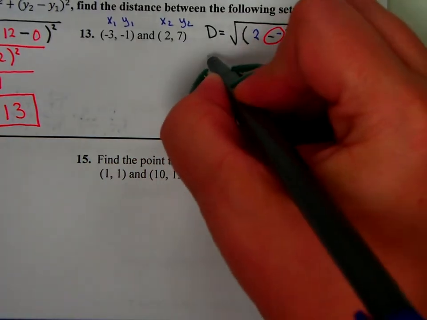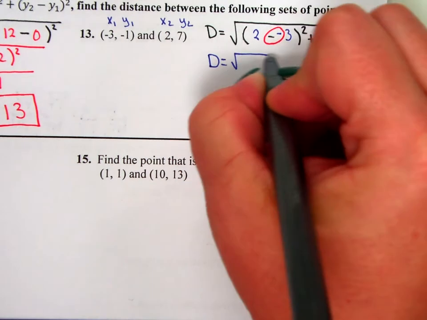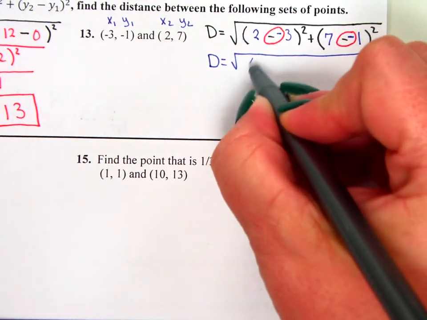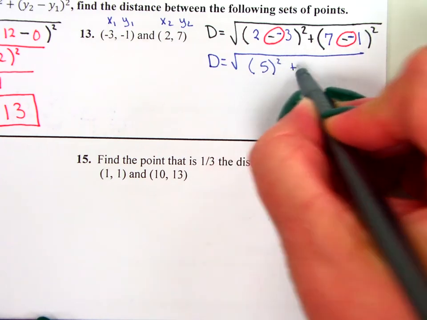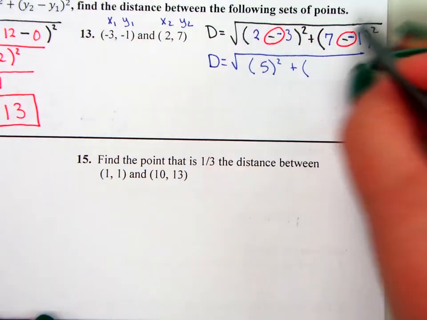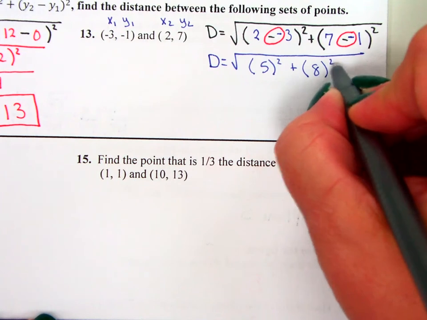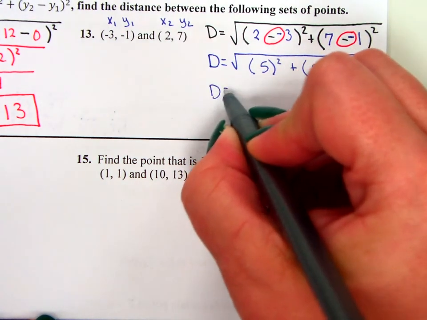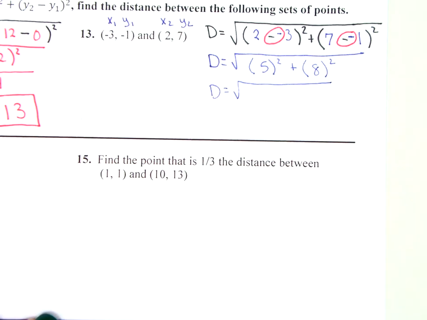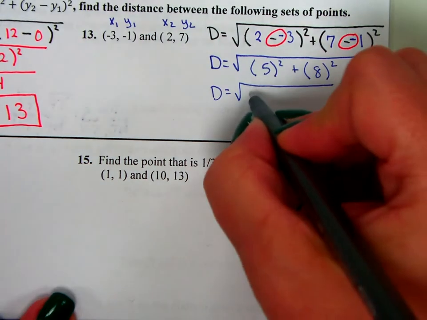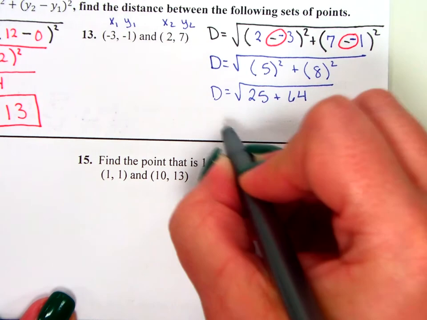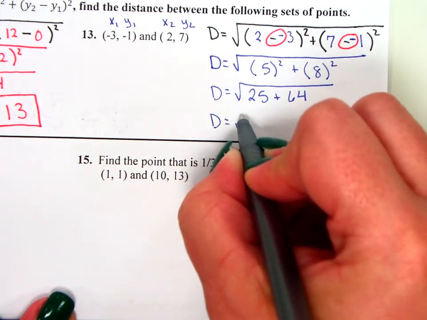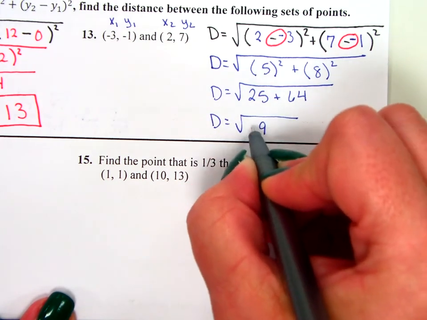So I'm going to end up with distance equals the square root of 2 plus 3, which is 5 squared, plus 7 plus 1, which is 8 squared. So my distance equals the square root of 5 squared? 25. Plus 8 squared? 64.